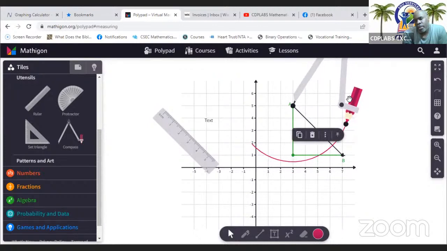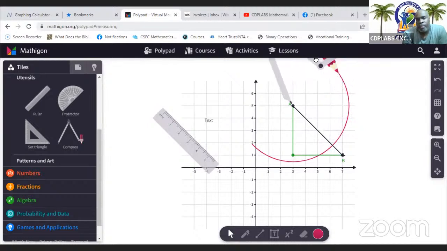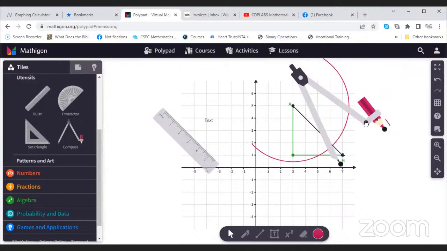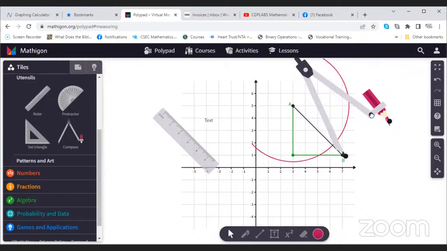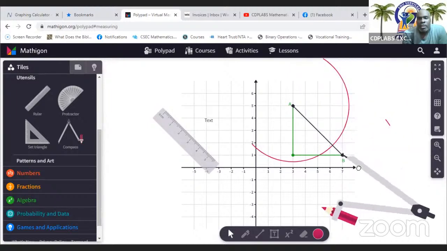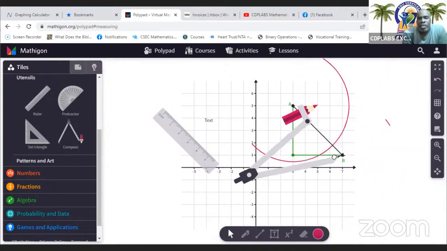You go all the way around. You move it to the other end, and then try to see if we can do it that way.